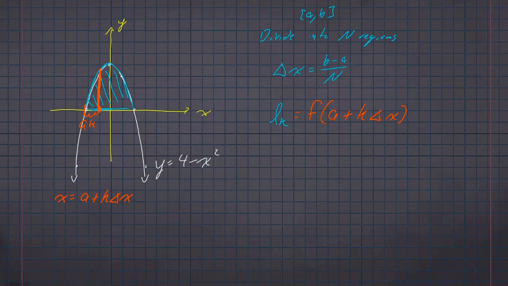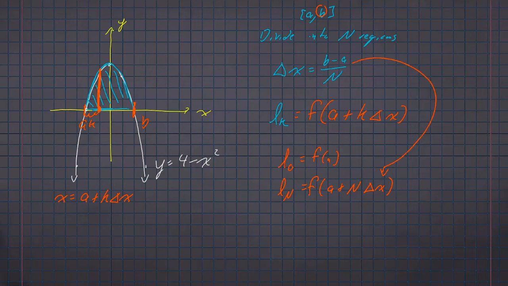So L0, the height at the left endpoint, would be f of a, and Ln, the height of the right endpoint, would be f of a plus n delta x. Now our right endpoint we said was going to be b, so this should be f of b, and it turns out it is.